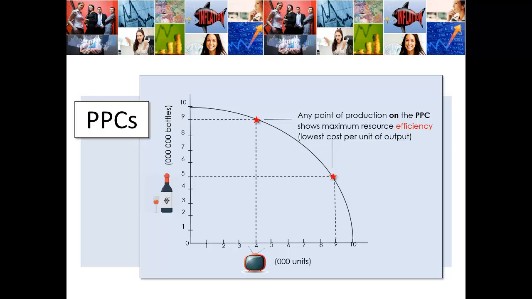So for example, it could be producing 900,000 bottles of wine and 4,000 units of televisions. If the consumers would prefer more TVs and less wine, then less wine can be produced and more TVs can be produced. So the other point there shows that 500,000 bottles of wine are being produced in this economy and 9,000 units of television.